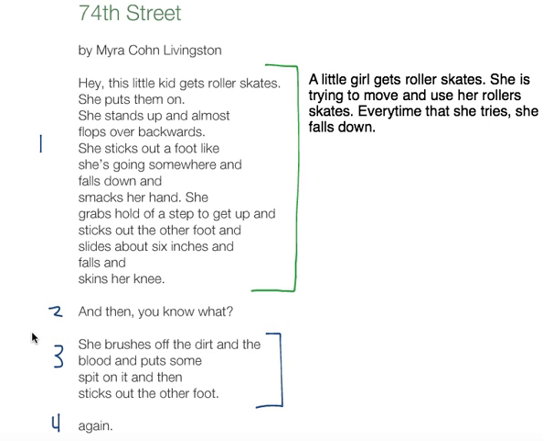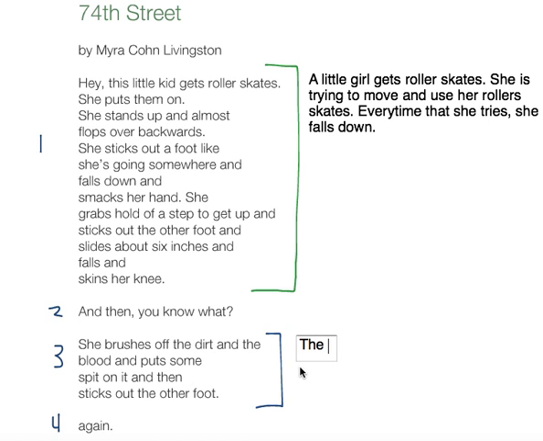She brushes off the dirt and the blood and puts some spit on it and then sticks out the other foot. If I were to summarize this part of the poem, I would say that she gets back up, brushes off her skinned knee, puts some spit on it, and she tries again.